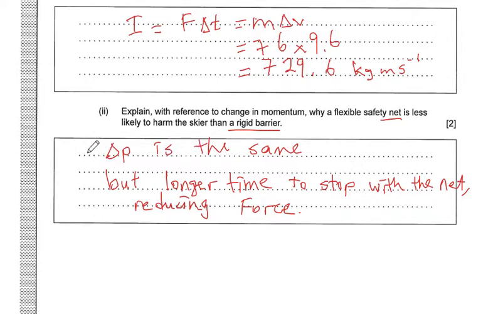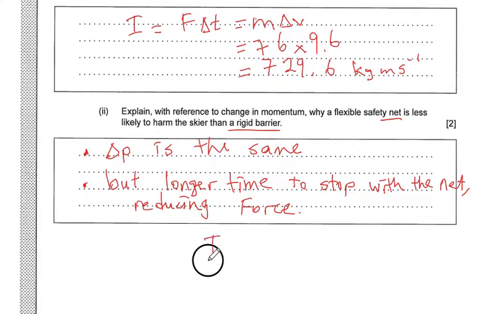So what is the same? The change in momentum is the same. Even with the rigid barrier or a safety net, you would stop from 9.6 meters per second to 0. But if you hit a rigid barrier with that, you would stop, but you would get very seriously hurt. If you use a safety net, it allows you to stop from that speed in a longer time.